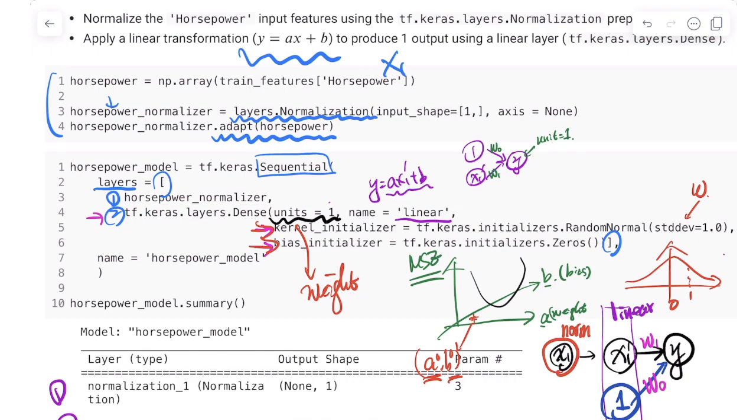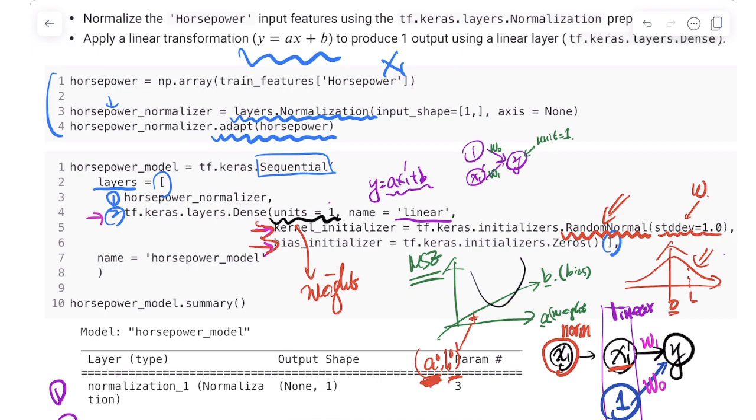Here is another function provided by Keras: the initializer is a random normal with standard deviation equals 1. That means you use a normal distribution whose mean value is 0 and whose standard deviation is 1, and it depends on how many different features you have. In this example we have only one feature, x1, so it will randomly sample one value from this normal distribution as the initial a0.